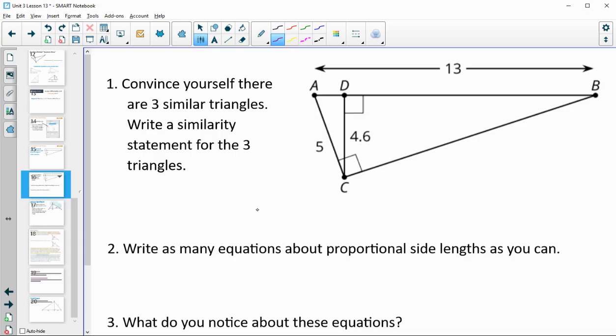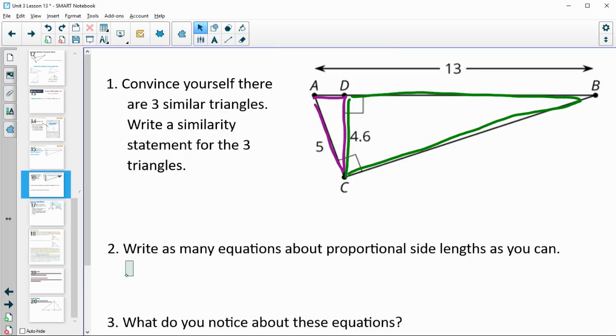Then you could set up some different proportions. Okay, so kind of whatever you want here. I'm going to look at these two triangles first. And so if we set up some proportions here, we see that AC is the hypotenuse in this purple triangle. So if I compare AC, I would compare it to the hypotenuse in this green triangle, which is BC.